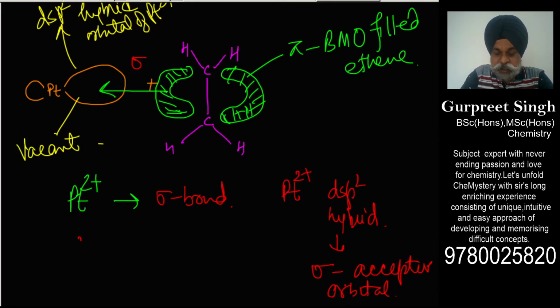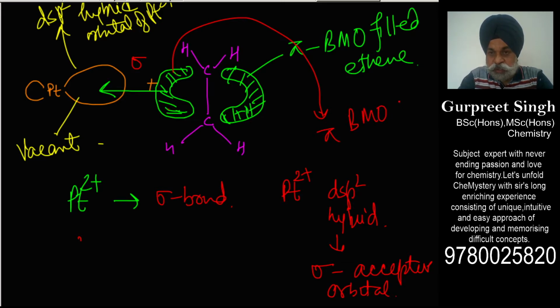And who is donating it? The donation is being given by the pi bonding molecular orbital of ethene, which is the donor orbital.